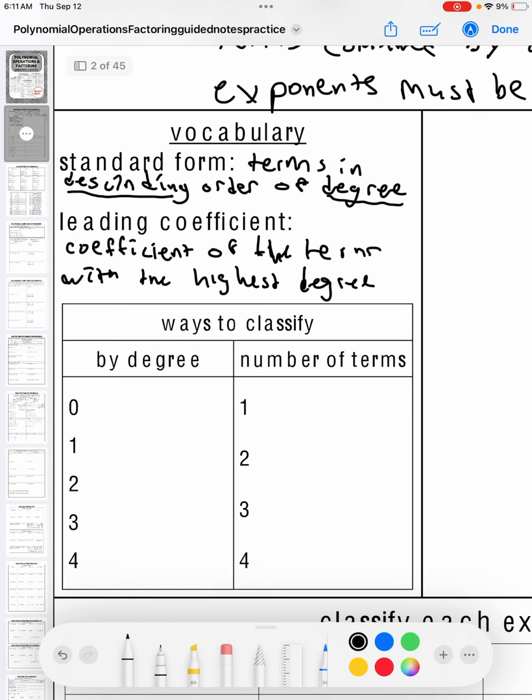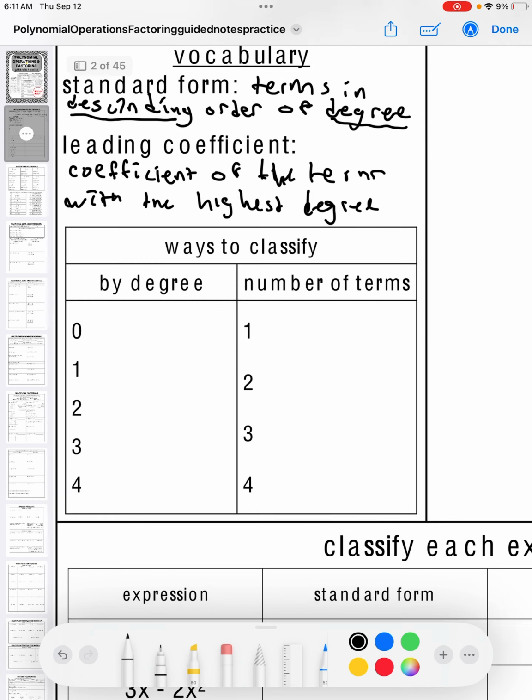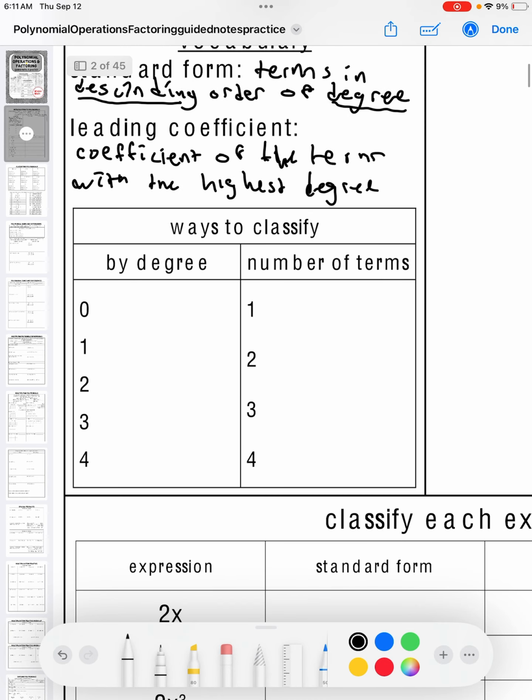Okay, so we're going to use these things in order to classify polynomials by basically just saying what type of polynomial they are. By degree, if the highest degree they have is 0, which would be just like a number, that's going to be called constant. So that would be things like your numbers, 0, 1, 2, 3, 4, 5, -5, etc. Anything that doesn't have an exponent would be a constant.